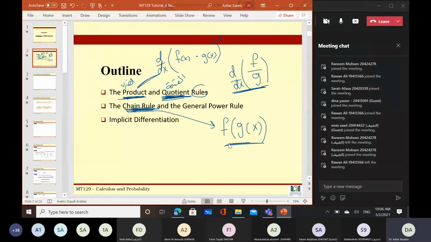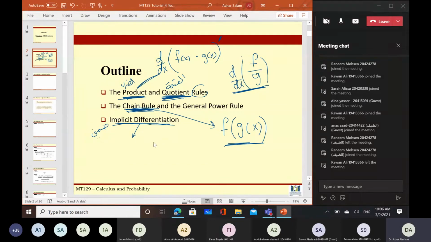It's important. The last thing that I will discuss is the implicit differentiation. The word implicit here means implied.